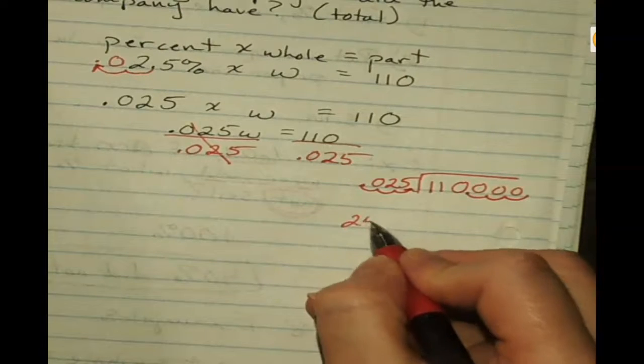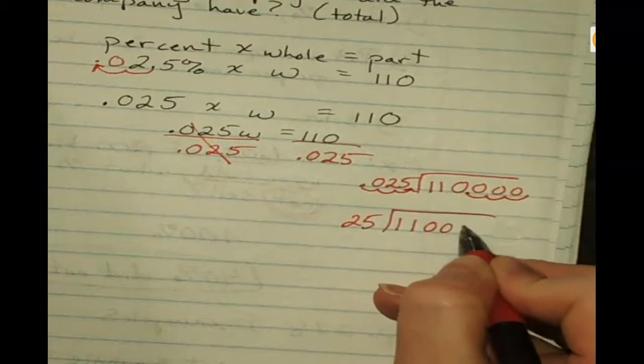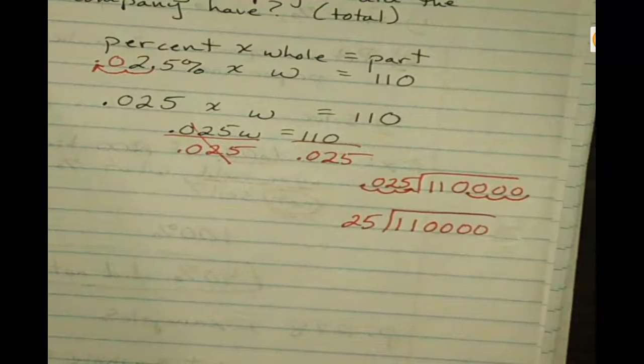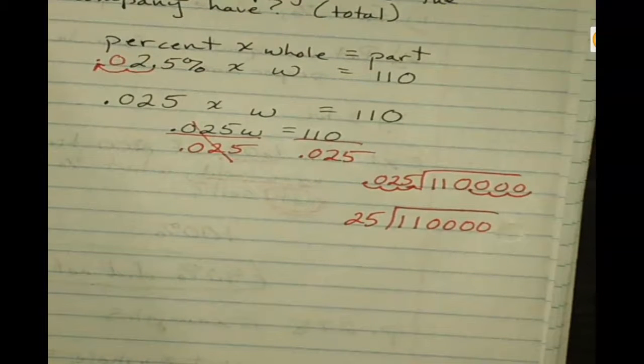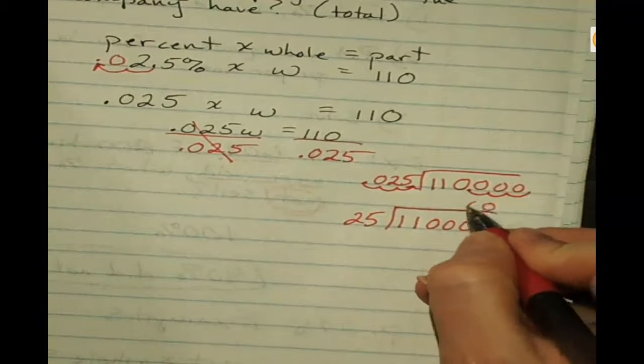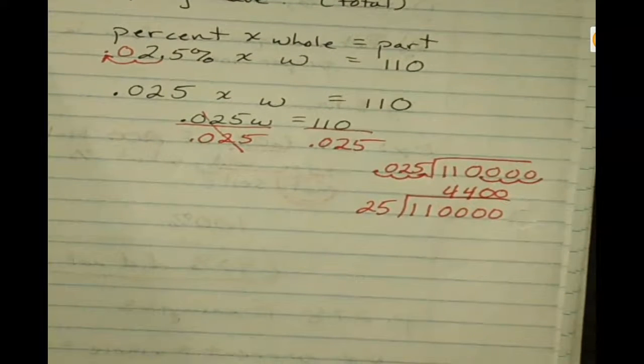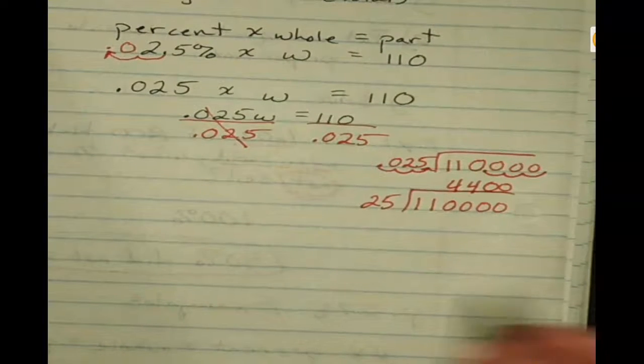So then my new problem is 25 going into 110000. Does everyone see that? Yes. Everyone sees that? Now, if you work it out, I'm going to work it out at the same time. If you work it out, you would get 4,400.